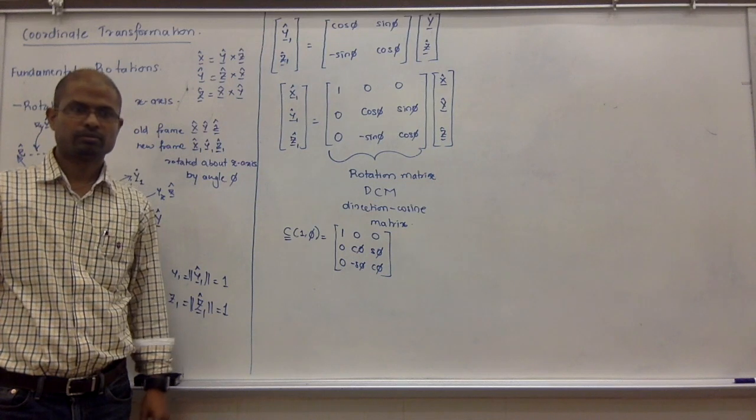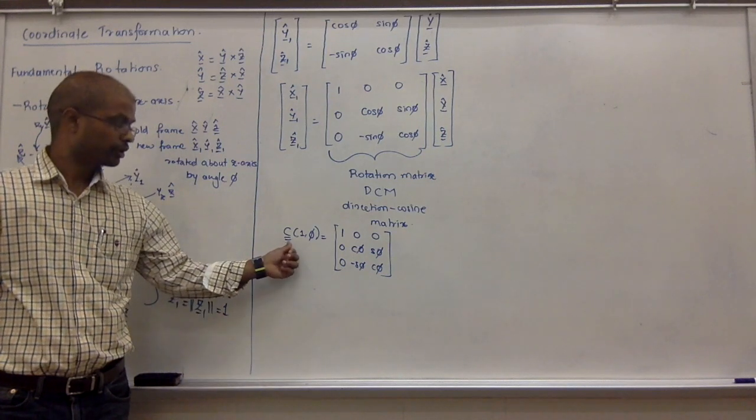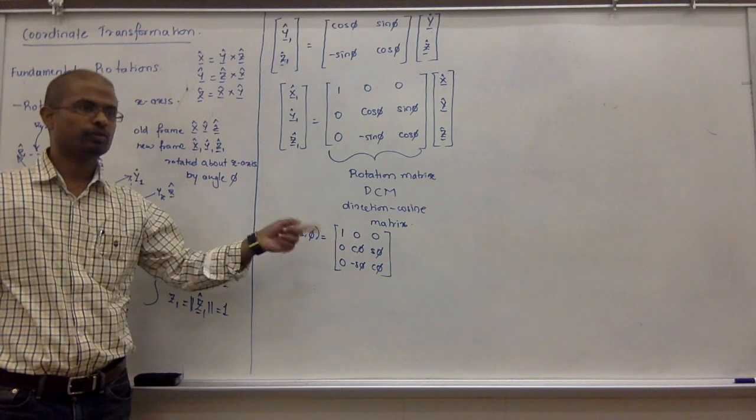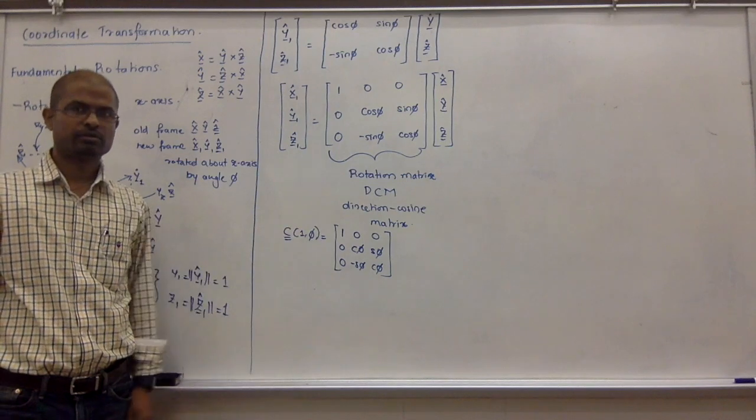Rotation about one axis. One axis is x axis. One is x, two is y, three is z.